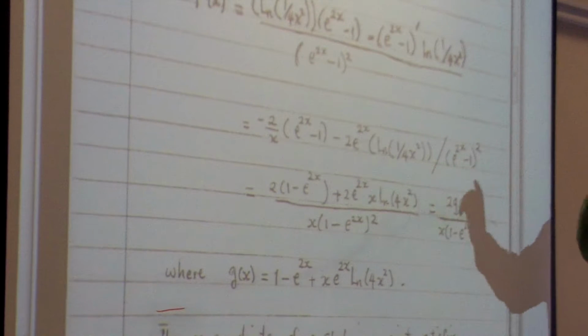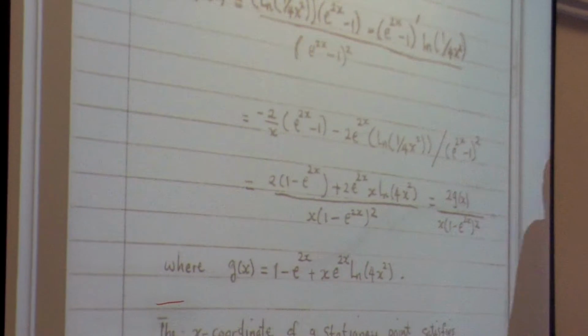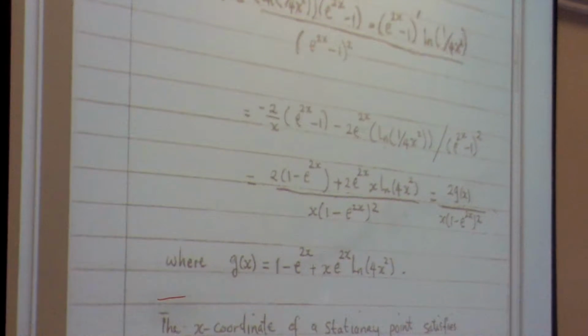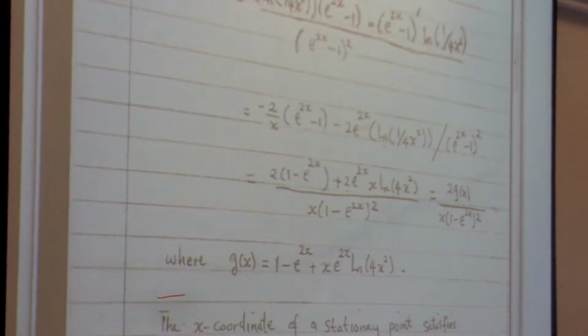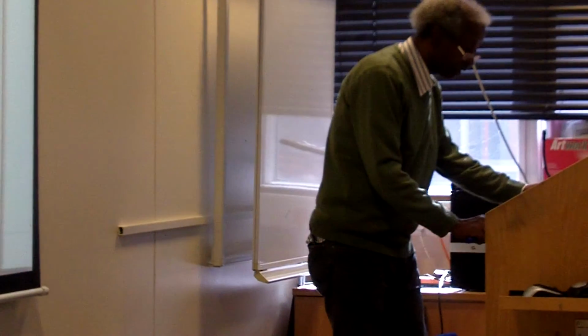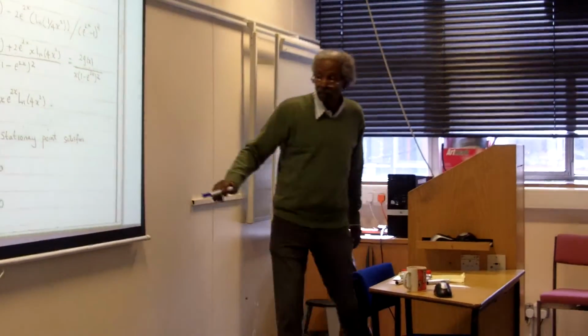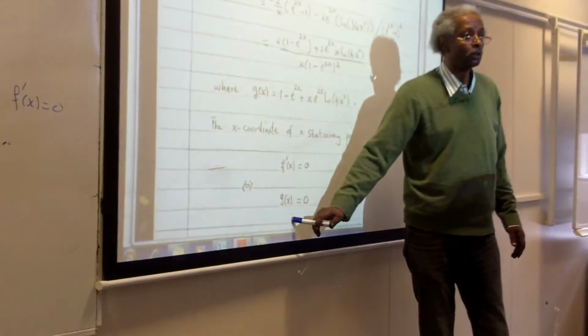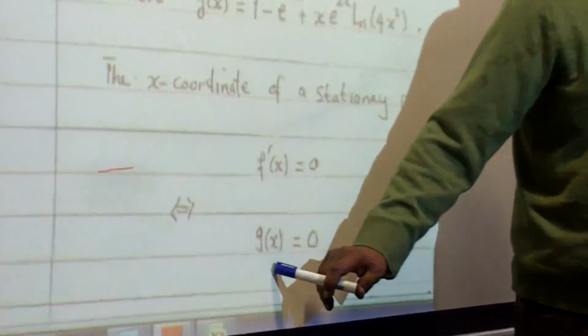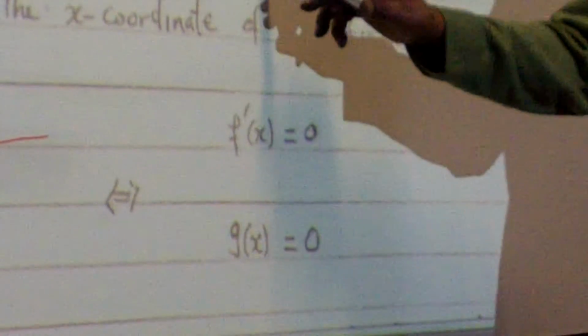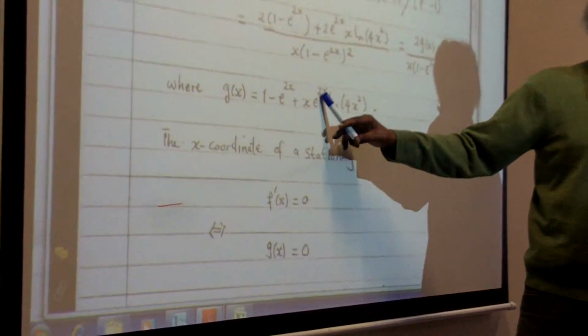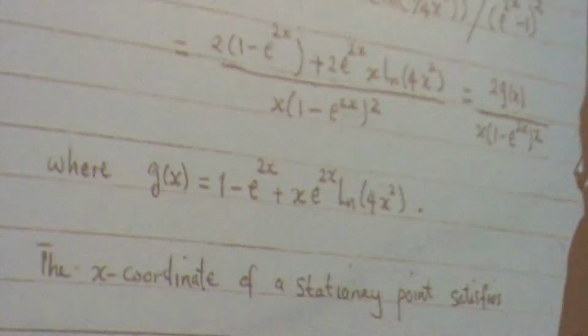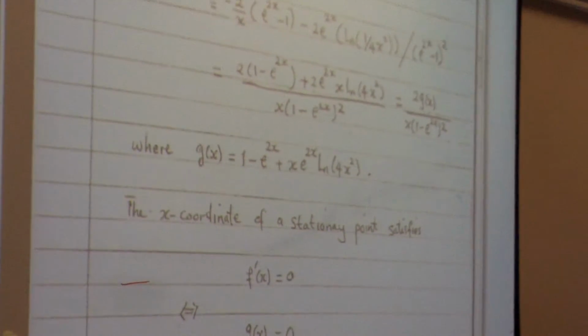So the problem comes down to looking at g(x) and seeing if it has any roots, and if so, how many roots. The problem comes down to what are the roots of g(x). Here it is: 1 minus e^(2x) plus x e^(2x) (ln 4x)^2.